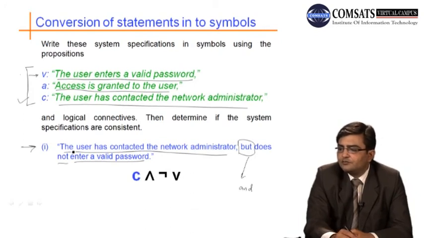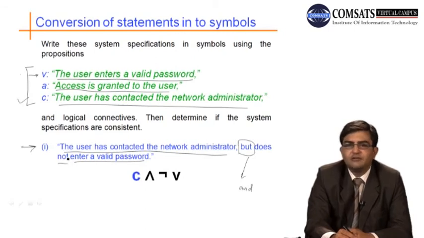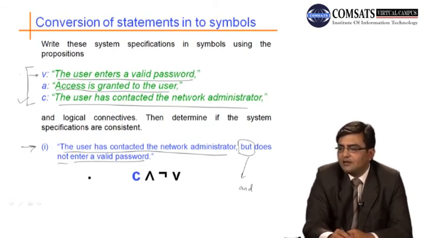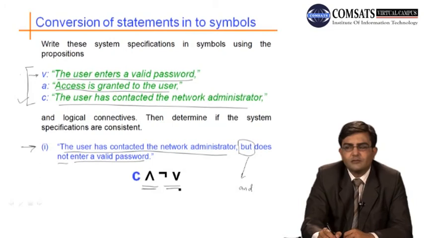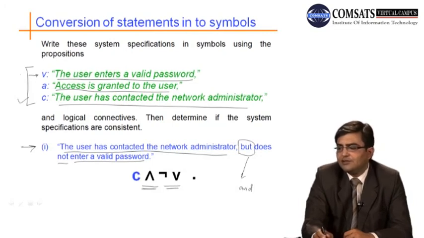So how can we write this statement into logical form or symbols? So first we have C, but is used as AND operator, and we write here the conjunction operator, and we have negation of V, that the user doesn't enter a valid password.